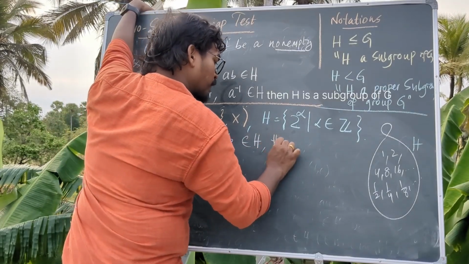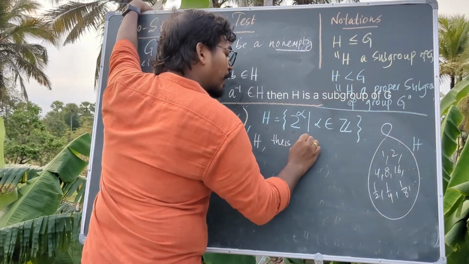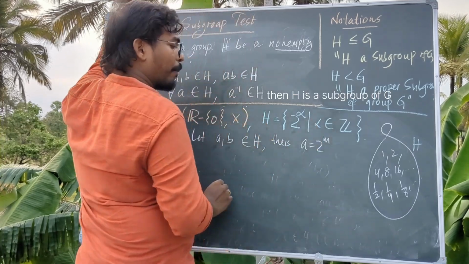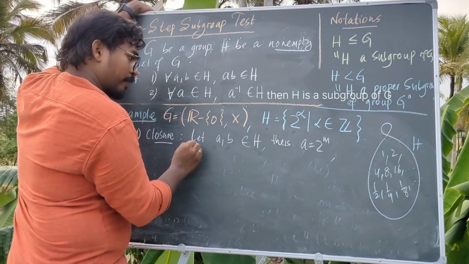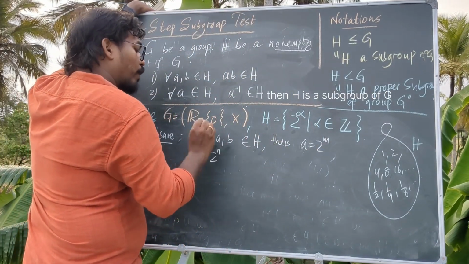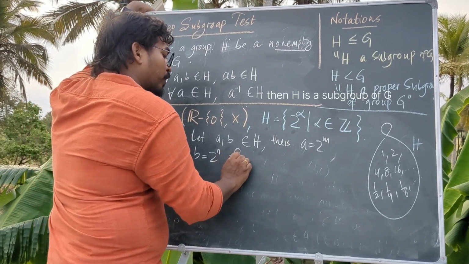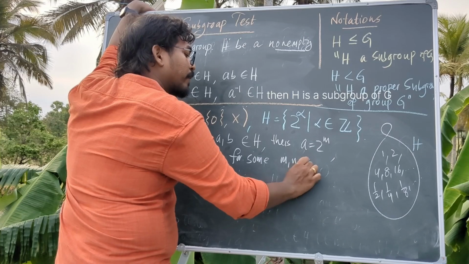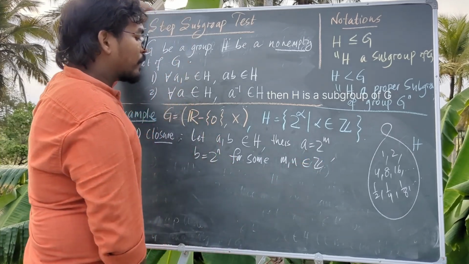Thus A equals 2 to the power m, and B equals 2 to the power n for some integers m, n.